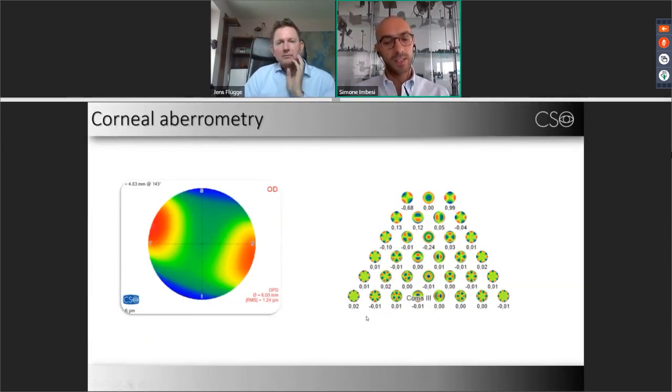Another important data that we can carry out from the ray tracing is for sure the analysis of corneal wavefront. Analysis of corneal wavefront, as Francesco explained before, is usually done thanks to the Zernike fitting, thanks to Zernike polynomials.